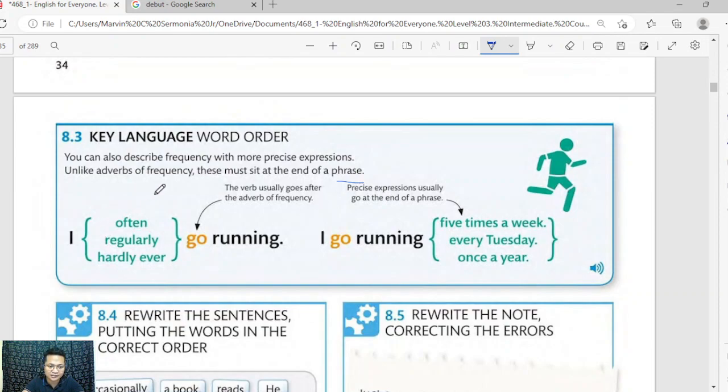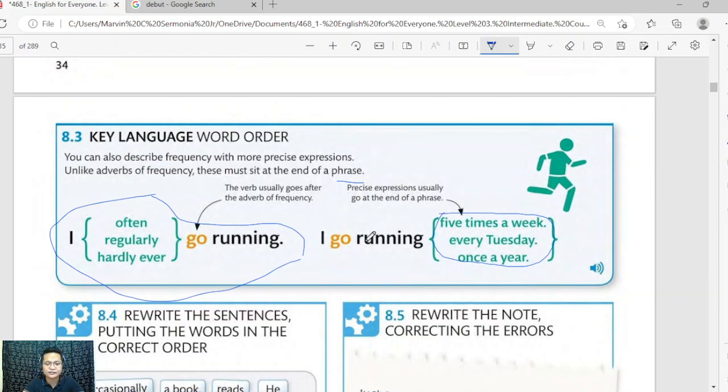So this example shows what we just studied a while ago. But what if we make use of phrases? For example, I go running 5 times a week. I go running every Tuesday. I go running once a year. So we place these phrases at the end of the expression.